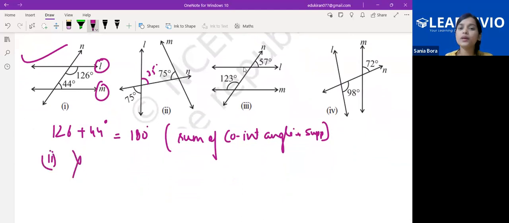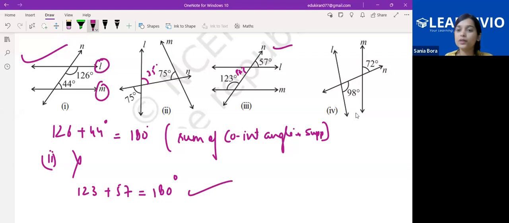Now the third one, this will be 57 degrees. Is it following the rule? 123 plus 57. Is it giving you 180? Yes, ma'am. So that's why it is a parallel line.